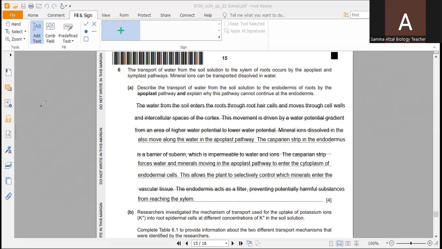Here I would like to describe the transport of water from the soil solution to the endodermis of roots by the apoplast pathway, and explain why the pathway cannot continue at the endodermis. The question focuses on the movement of water from the soil into the cortex and then into the endodermis.